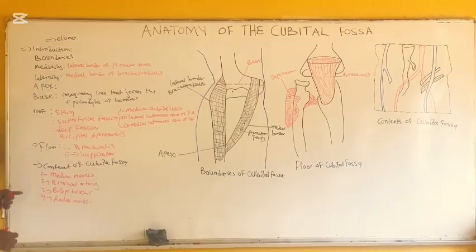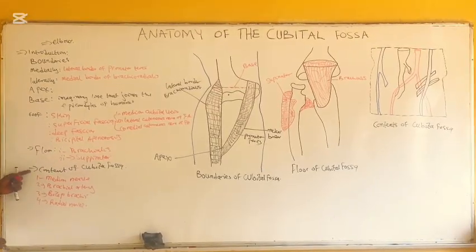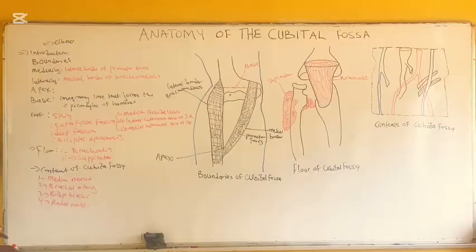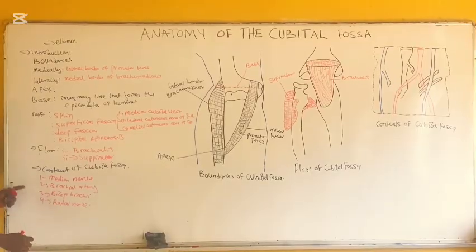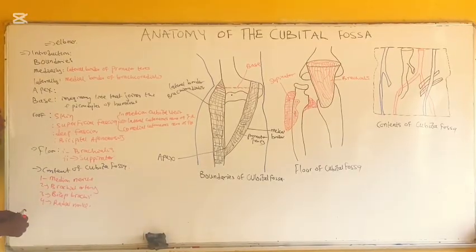So these are the contents of the cubital fossa: the median nerve, the terminal branches of the brachial artery, the tendon of biceps brachii, and the radial nerve.